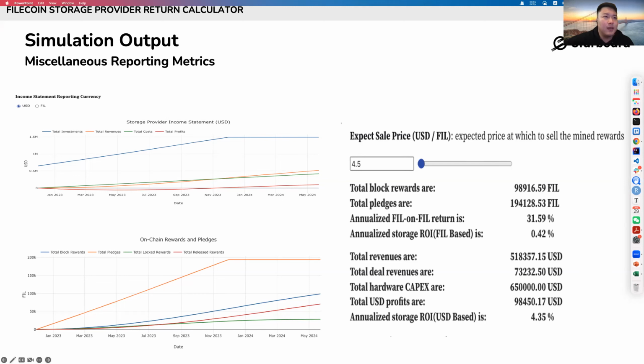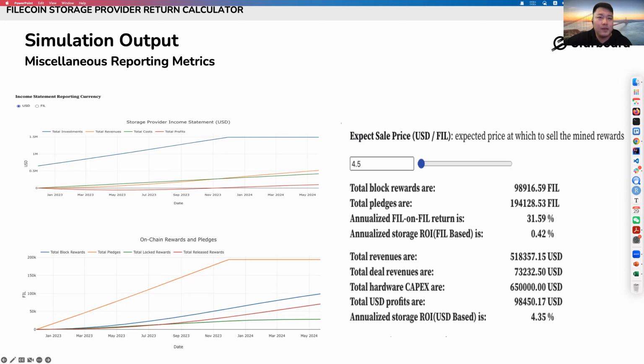Here you can see, from the simulation, the total block rewards you're going to get and the total pledge. If you divide the block rewards by pledge, you get the annualized FIL-on-FIL return. And these are the items corresponding to the first graph that include more of the fiat items. What are your total revenues?